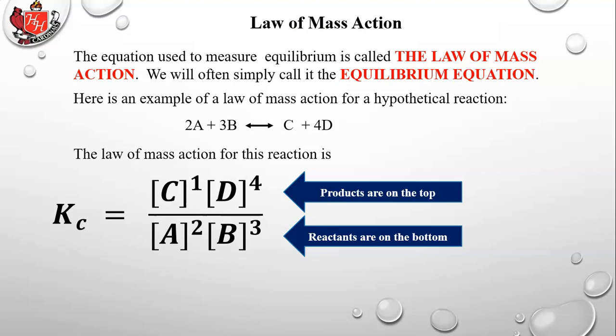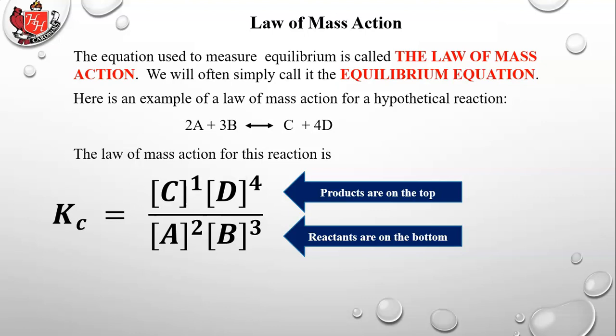If the reaction barely moves at all from left to right, let's say you start off with all reactants A and B, and only a little bit of those reactants turn into products C and D, so that you still have a lot of A and B left and very little C and D, then the Kc will be very, very small. It will be a positive number.